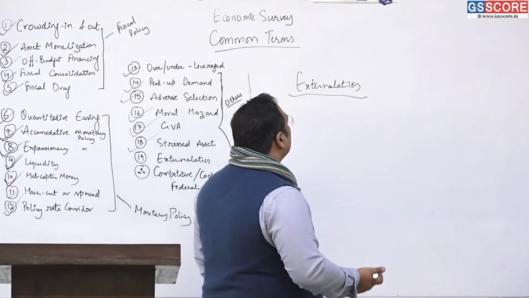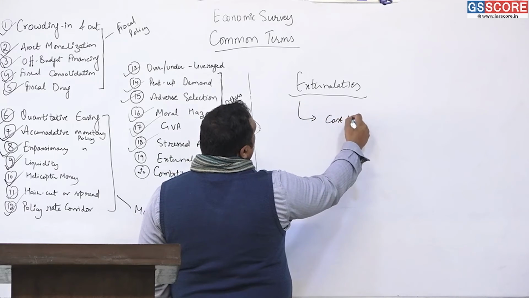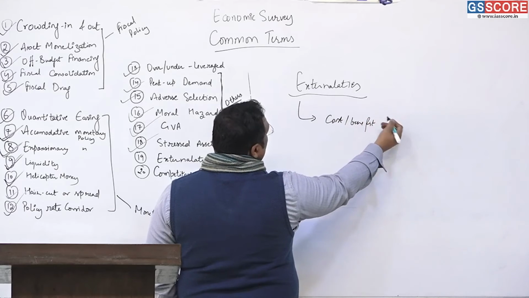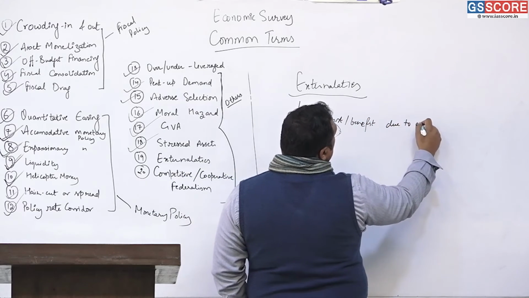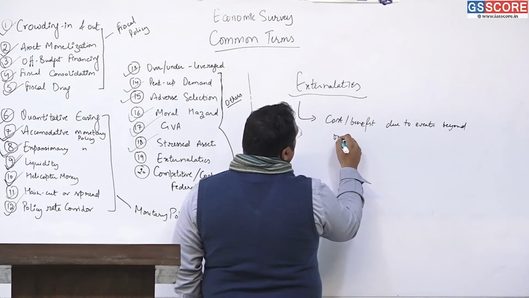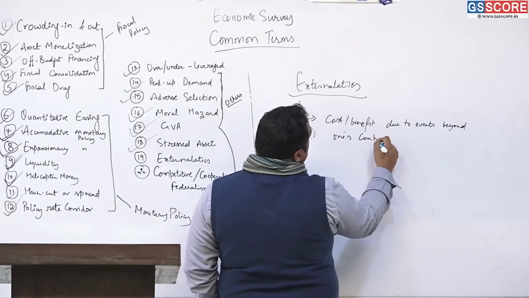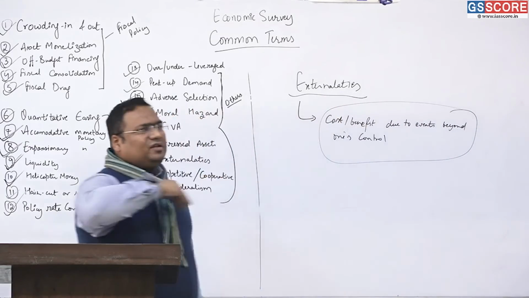It can be a cost or a benefit, due to events beyond one's control. That is the easiest way, not the exact definition, but the easiest way to understand.